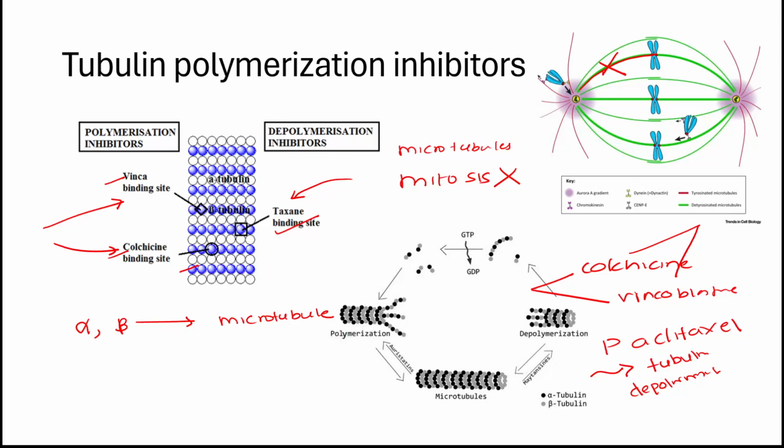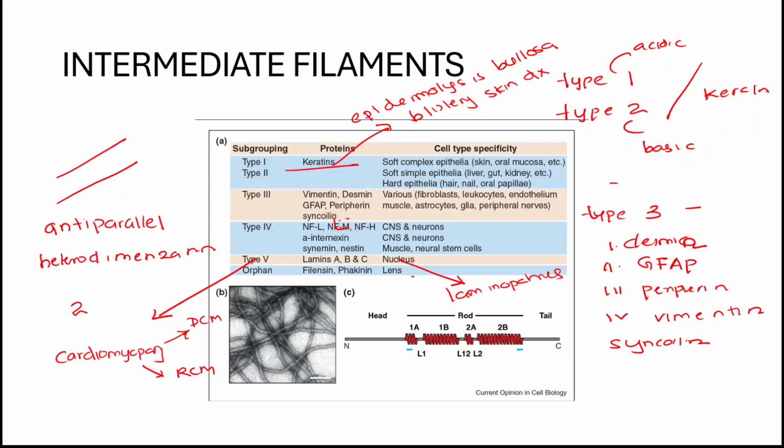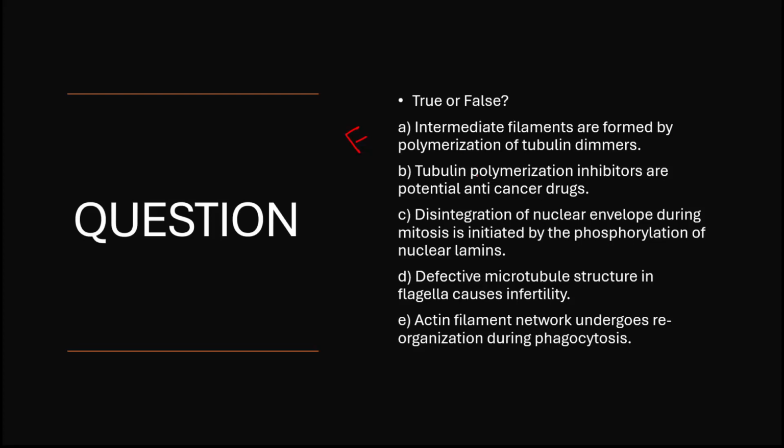Once these functions are not well maintained, it will disrupt the dynamicity of the microtubules and thereby impact cellular division. So the statement is that tubulin polymerization inhibitors are potential anti-cancer drugs. Yes, it is not just potential, it is being used in oncotherapy, where we see multiple agents utilized. So this is a true statement.